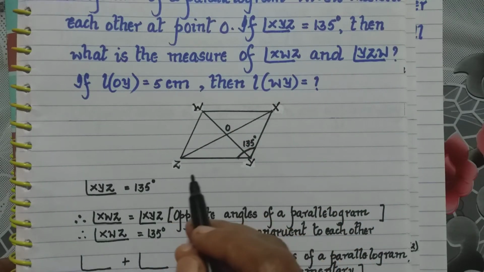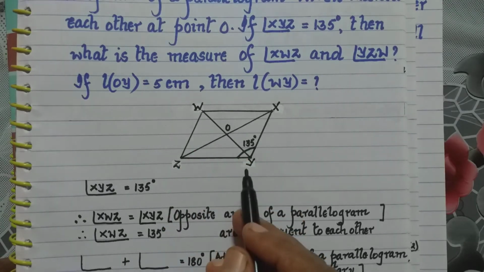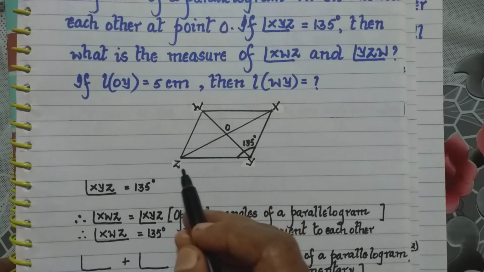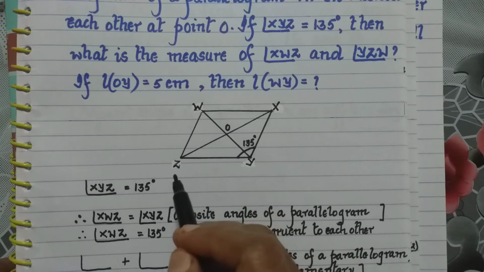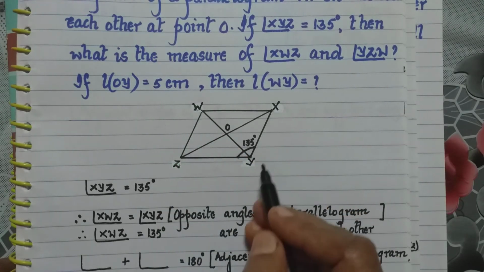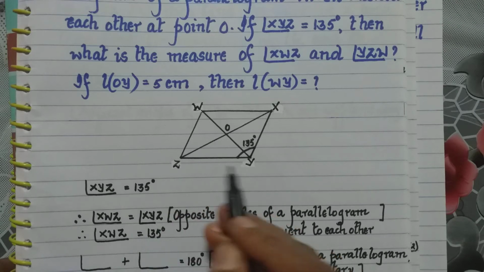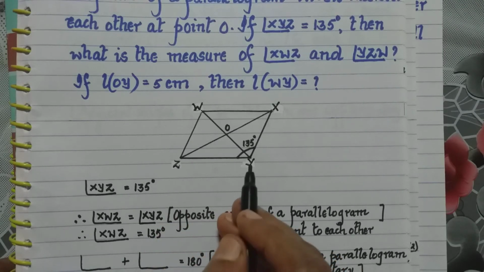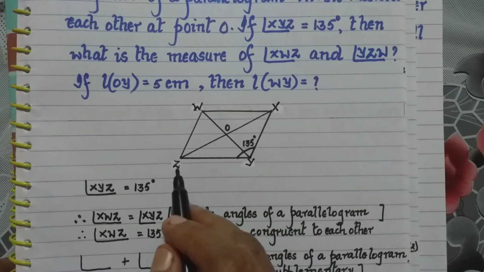Now they are talking about the measure of angle YZW. Okay, so we know that this angle YZW and this angle XYZ, they are adjacent angles. What are adjacent angles? Angles which are next to each other.